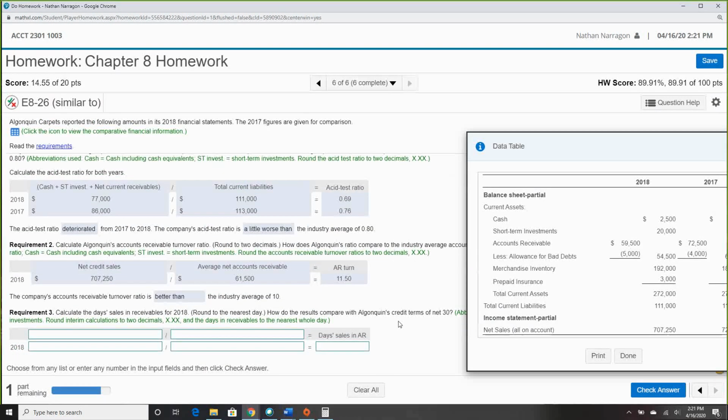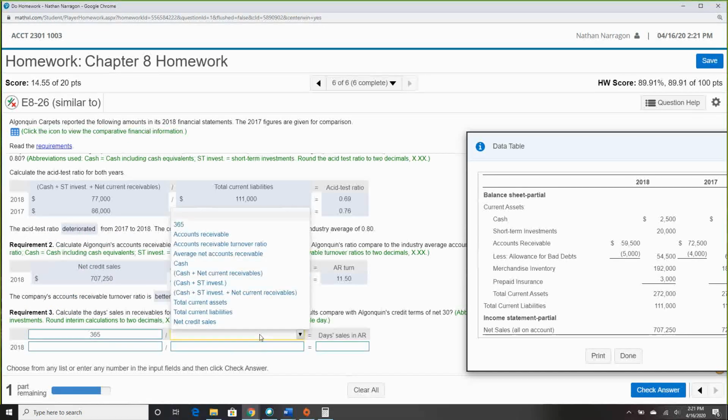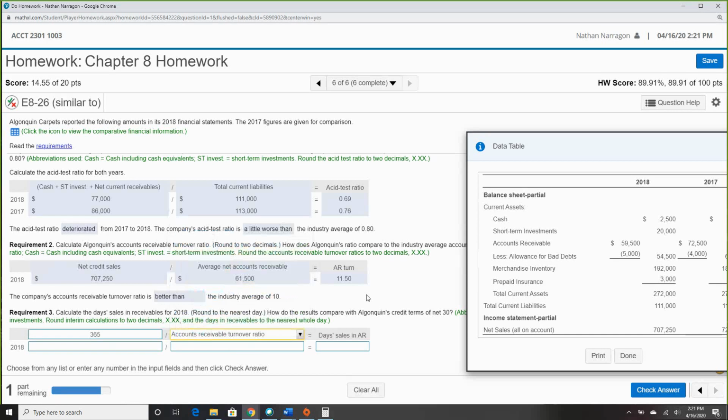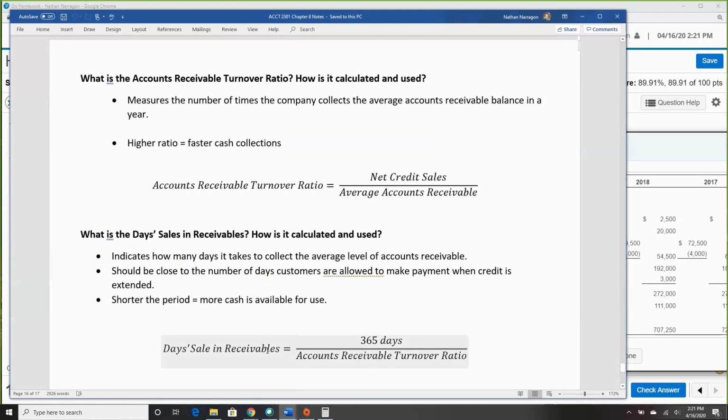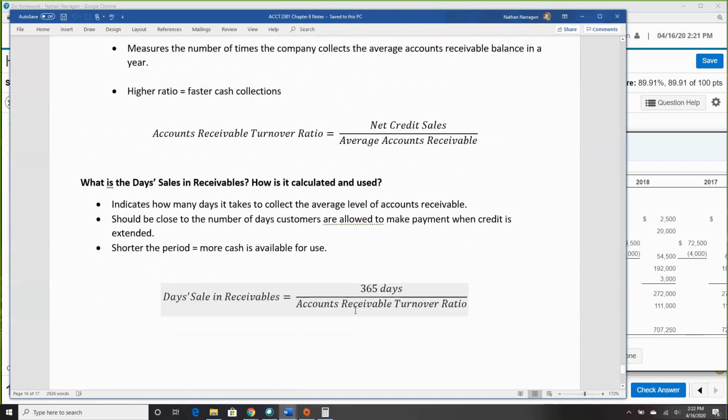Okay? And then the last one is our days sales. So days sales, I know, is 365. So it's basically how many days divided by our turnover ratio. Again, you can always check your notes. Have the formulas right there. There it is, 365 divided by the turnover ratio.